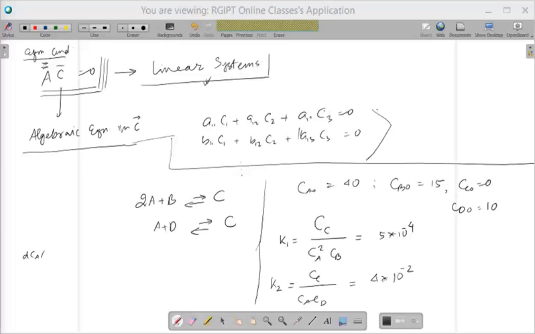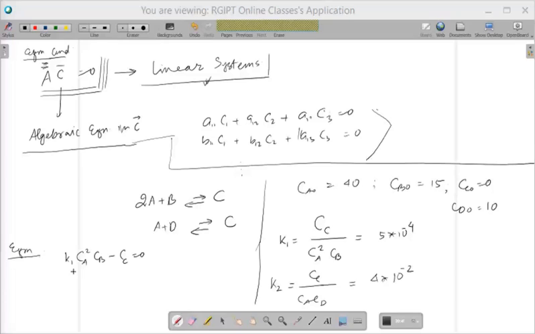Actually, maybe I can just think of the steady state case. So in equilibrium, what's going to happen is you have K1 CA squared CB minus CC equal to 0.